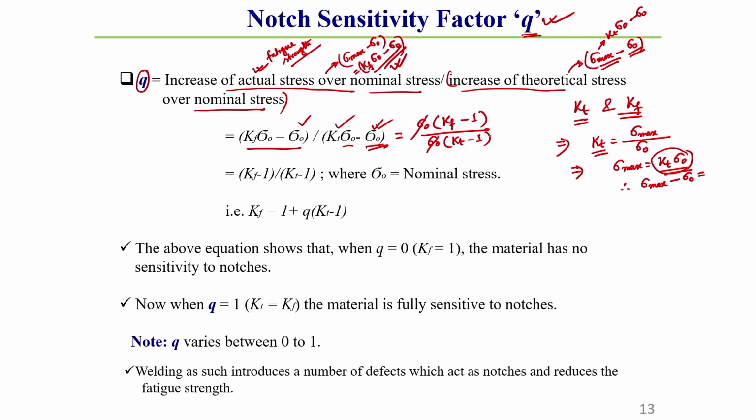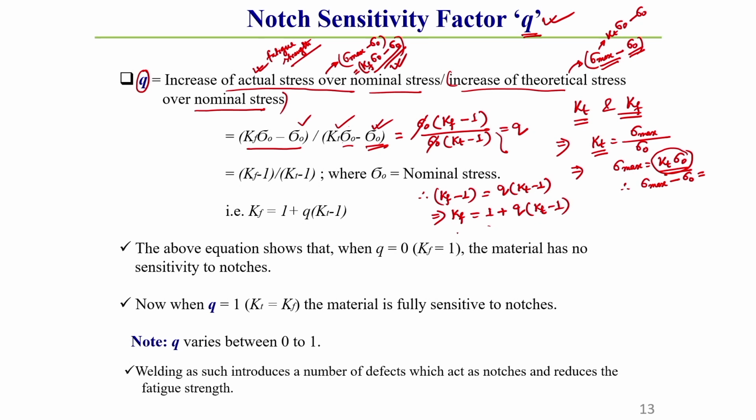Based on this, you get Q. So from here you can write Kf minus 1 is equal to Q into Kt minus 1, correct. So Kf is equal to 1 plus Q into Kt minus 1. This you should keep in mind.